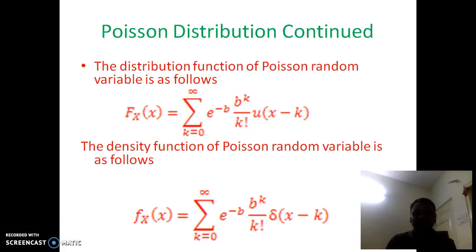The density function of Poisson random variable is as follows. fx of x is equal to sigma k equals 0 to infinity e to the power minus b, b to the power k divided by k factorial, delta of x minus k.